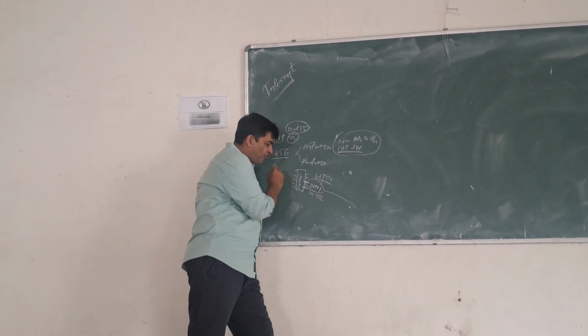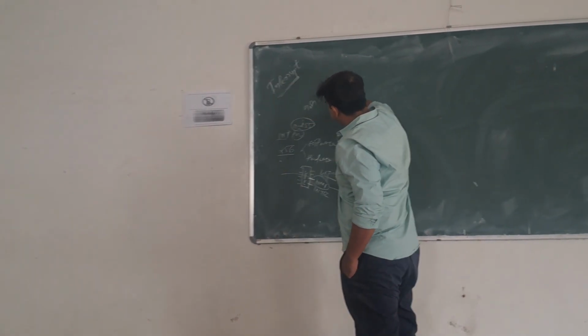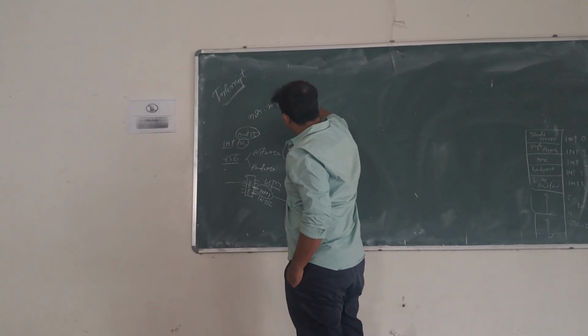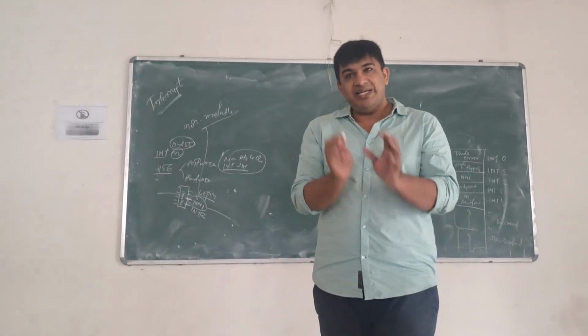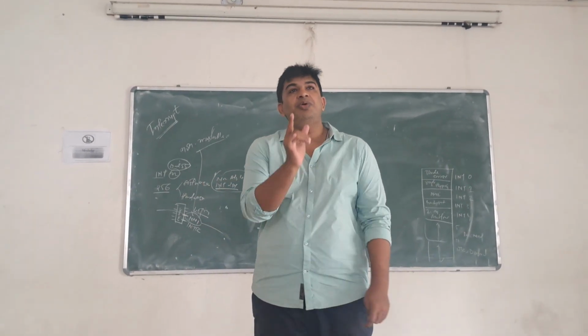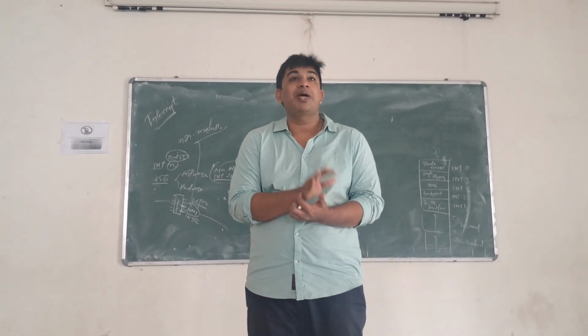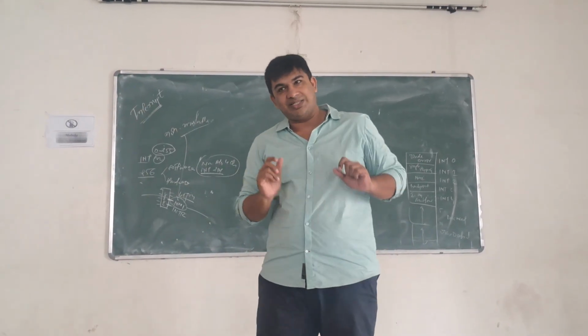Now, what is the full form of NMI? The full form of NMI is non-maskable interrupt. What do you mean by that? In any situation, if something occurs on that pin, it needs to be handled by your microprocessor. Your microprocessor can't ignore that. If someone knocks at the door, I can ignore it and still teach you.